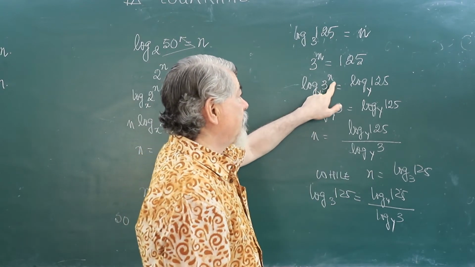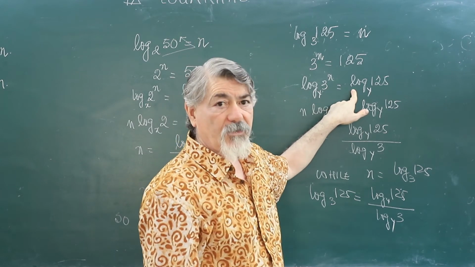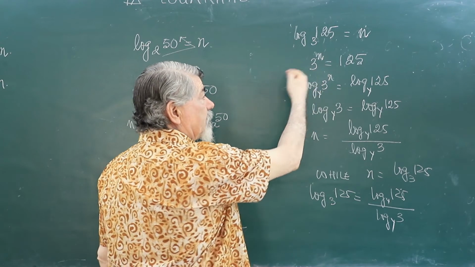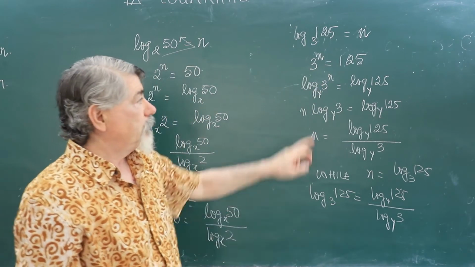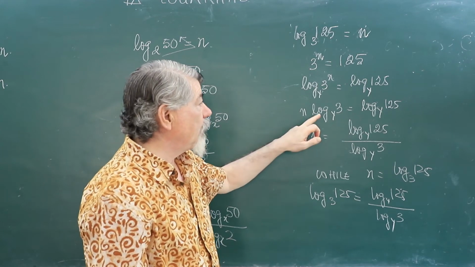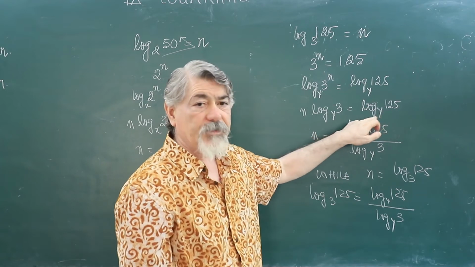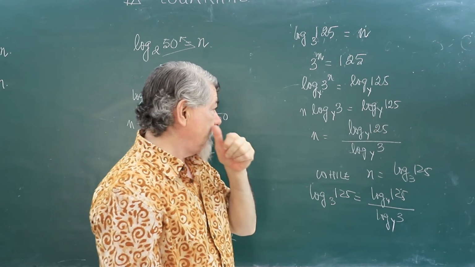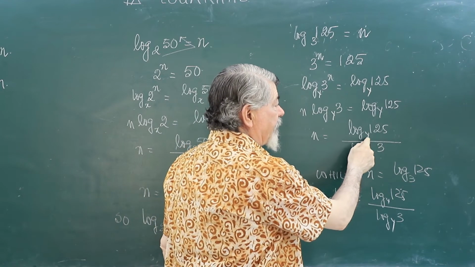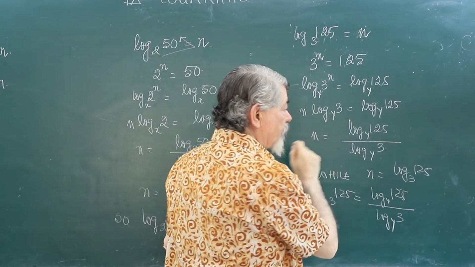So log of 3 to the power n to the base y is equal to log 125 to the base y. Now again, the power law: the power will come as a multiple. It will become n log 3 to the base y is equal to log 125 to the base y. So n will be equal to log 125 to the base y upon log 3 to the base y.